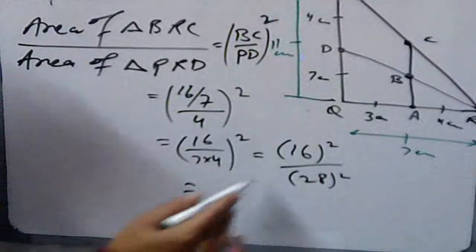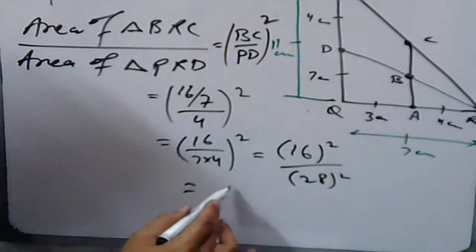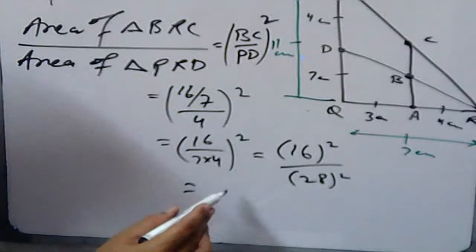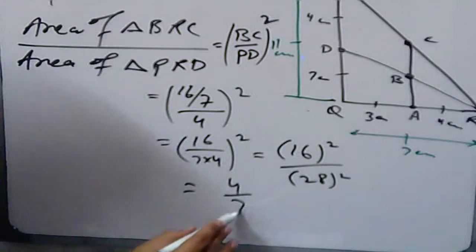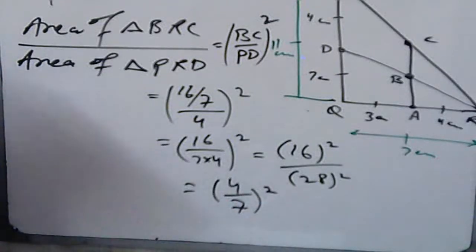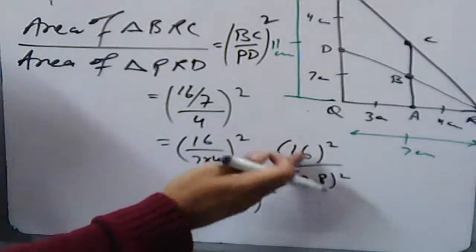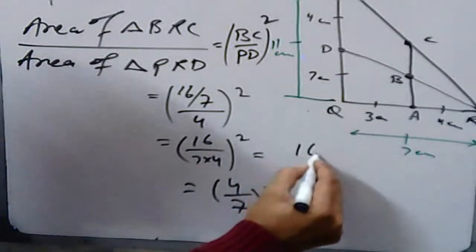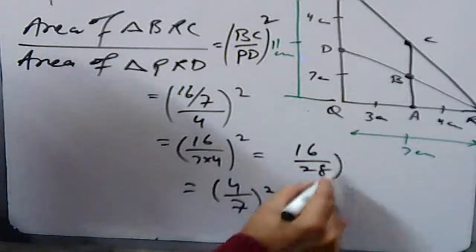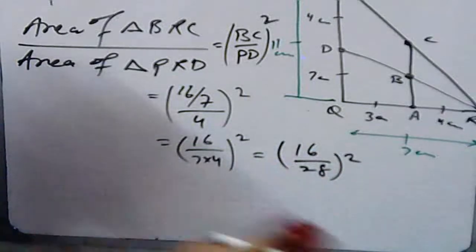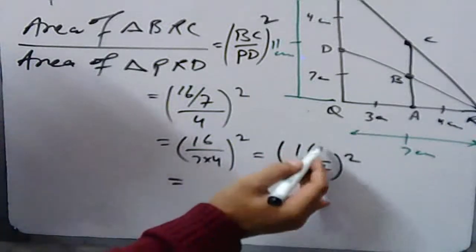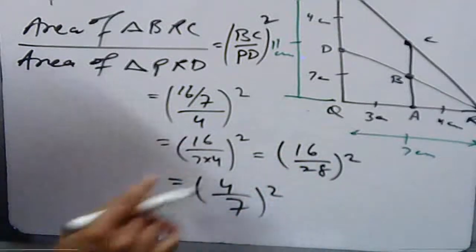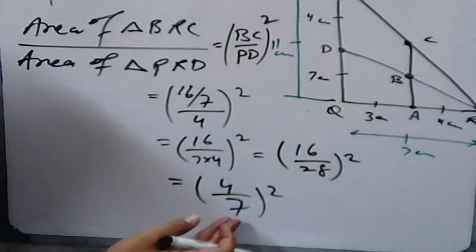So after simplification, you can say that that is equal to 4 by 7 whole square. If this step is a little bit confusing, let me clear it. Now by using the table, simplify it: 4 4s are 16 and 7 4s are 28, so like this you can write. So that is your simplified form.